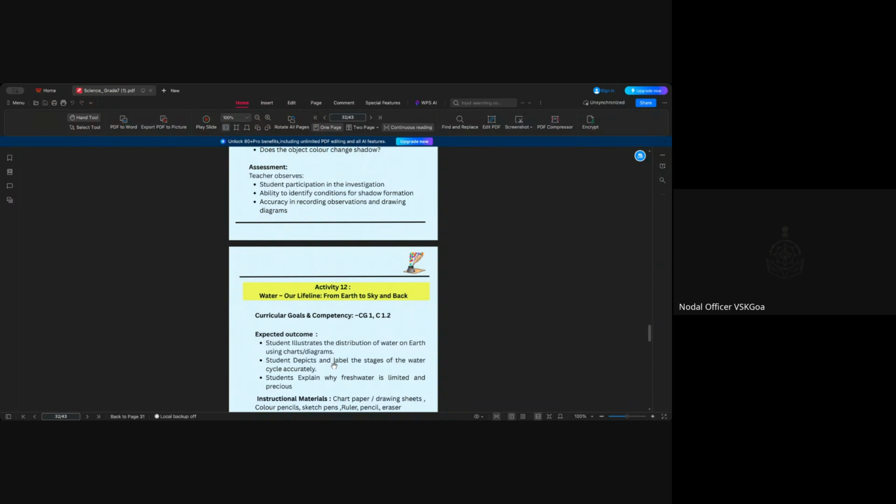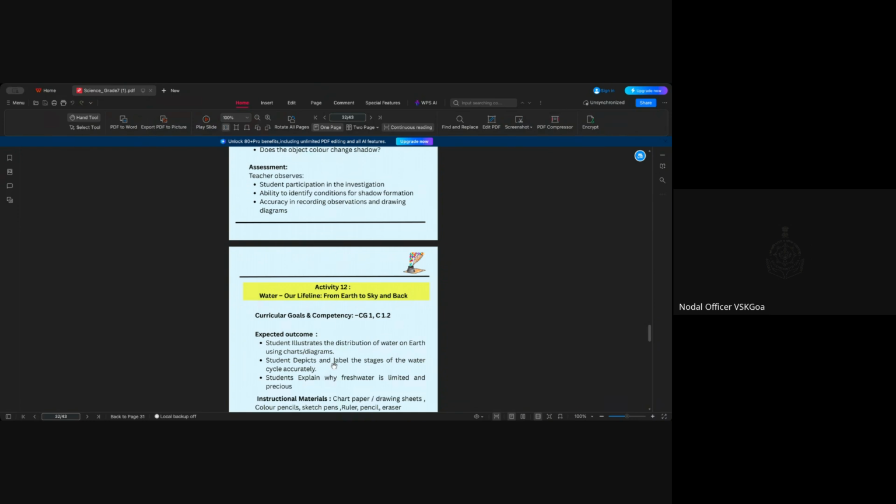Then comes another environmental awareness activity, which is also very relevant for grade 7 when we are teaching them the concept of water, our lifetime. This is activity number 12, Water Our Lifetime: From Earth to Sky and Back.